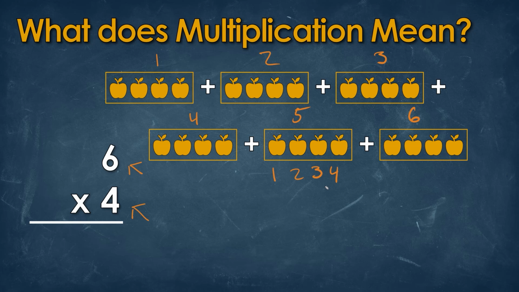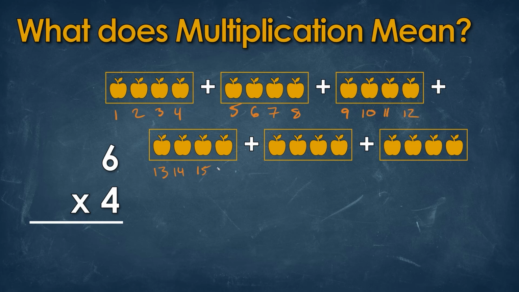So for us to figure out what 6 times 4 is, we need to count all the apples. 1, 2, 3, up to 24. So 6 times 4 is 24.